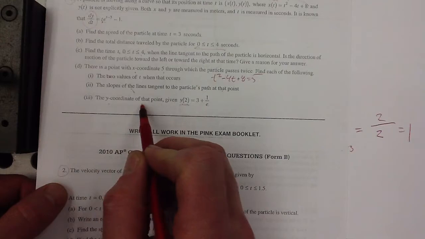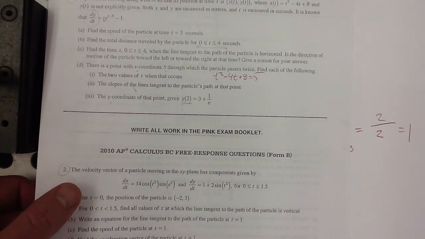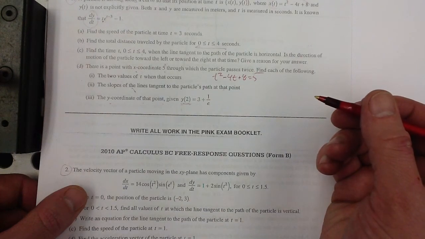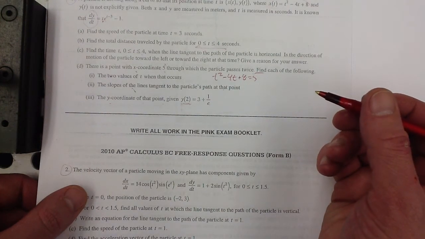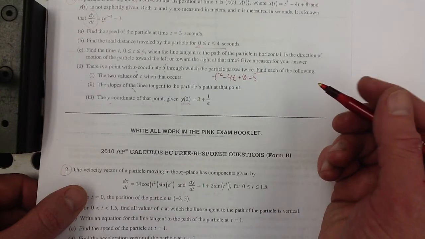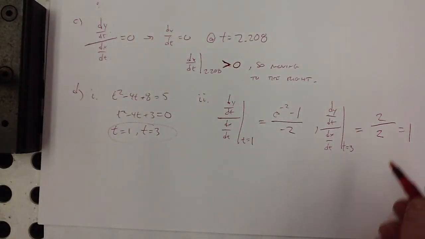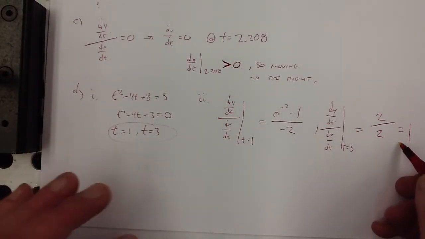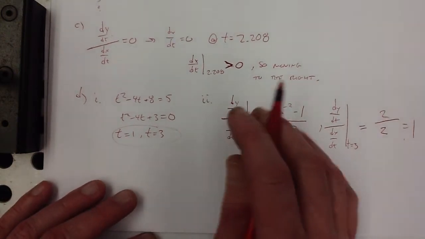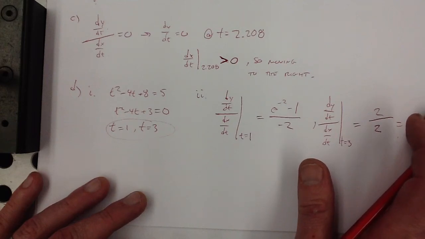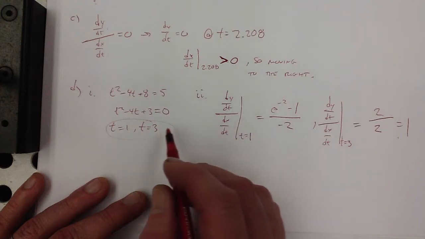I want the y-coordinate of that point, which has an x-coordinate of 5, and I need to plug either one of these t's in.